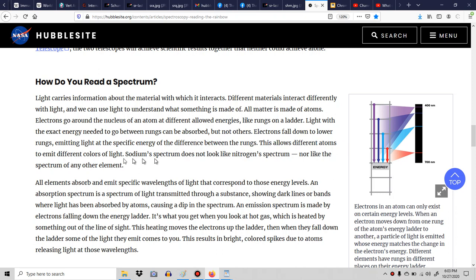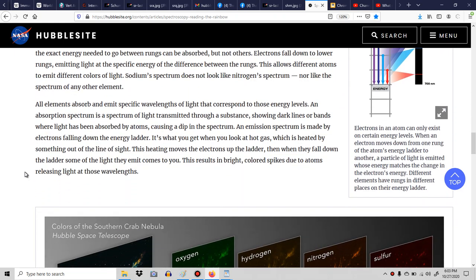This allows different atoms to emit different colors of light. Sodium spectrum does not look like nitrogen spectrum, nor like the spectrum of any other element. All elements absorb and emit specific wavelengths of light that correspond to those energy levels.